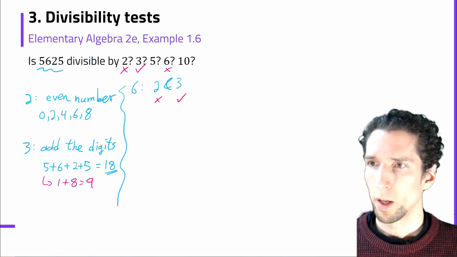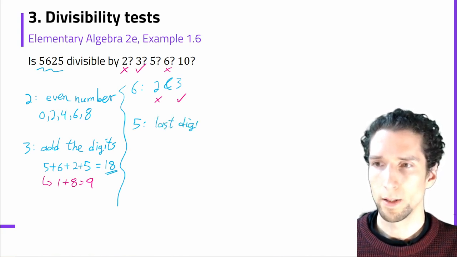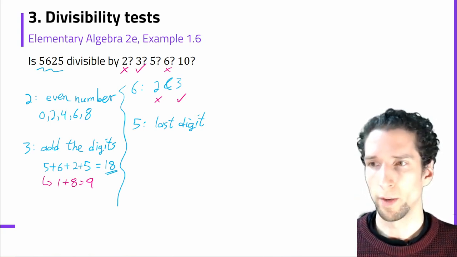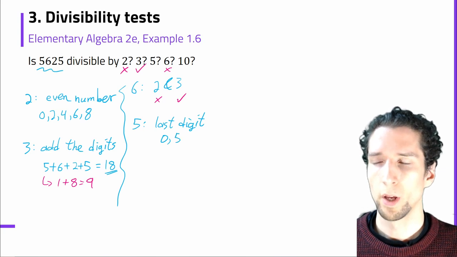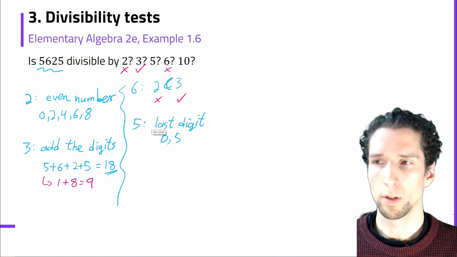All right, so 5 and 10 are quite similar. Here we are just looking at the last digit. If the last digit is 0 or 5, then the whole number is divisible by 5, and if it isn't, then the original number isn't.